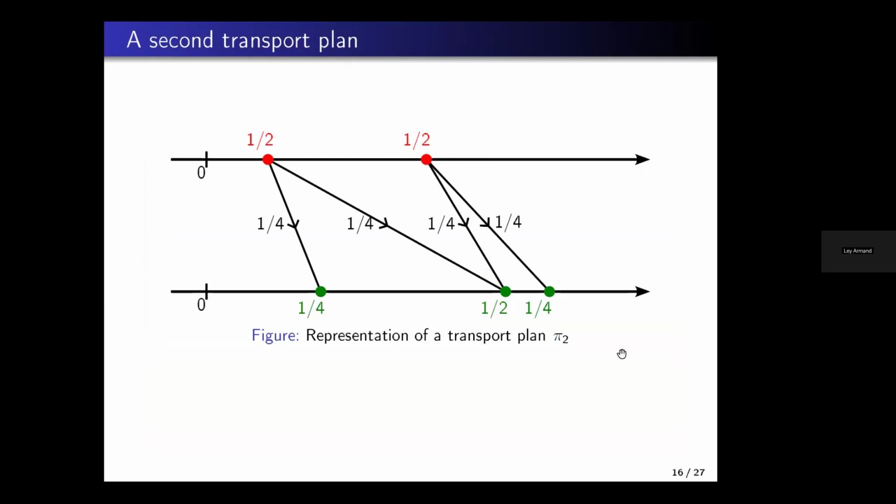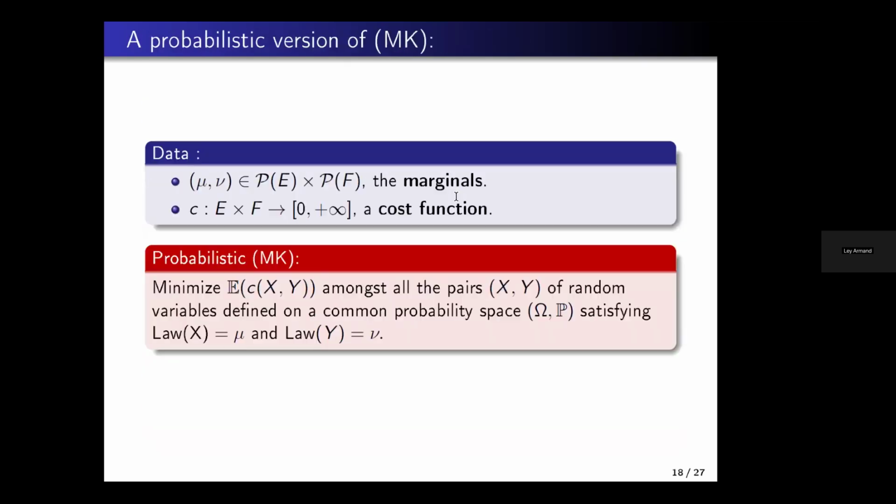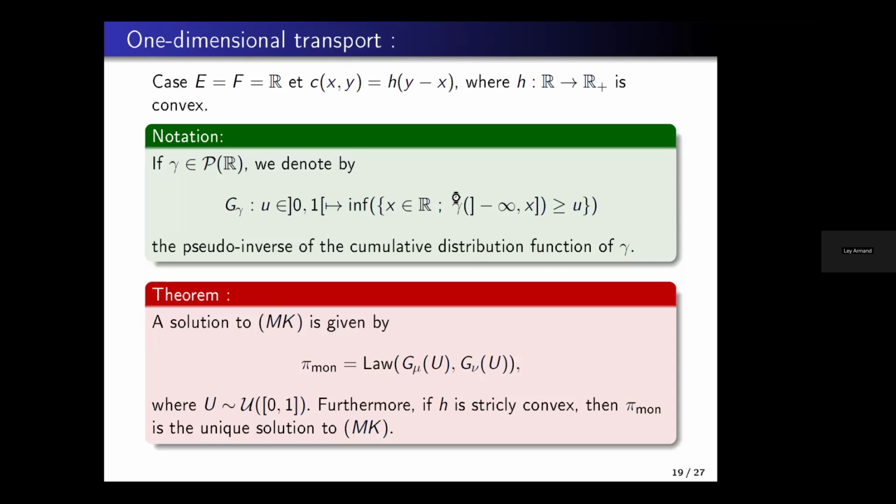That is 1/4 to the most left point, which is the second point, and then same with the second point. Okay, it was kind of quick, but I hope you understood the idea.